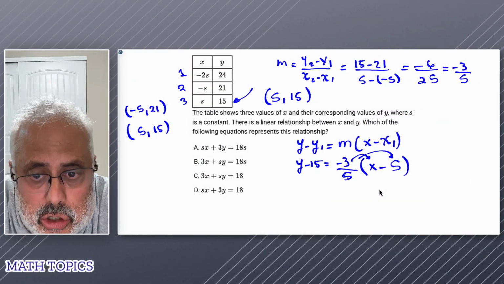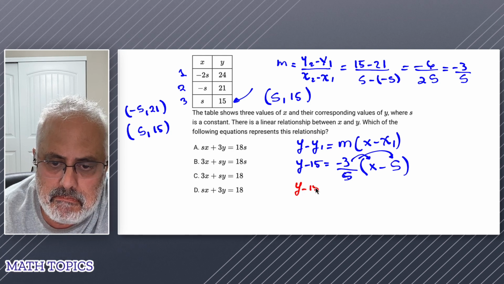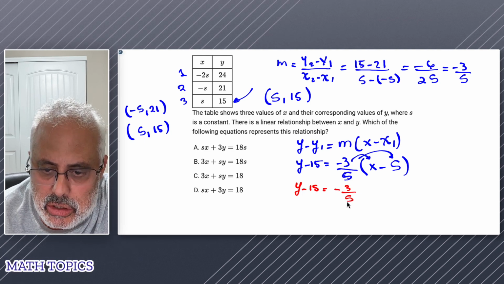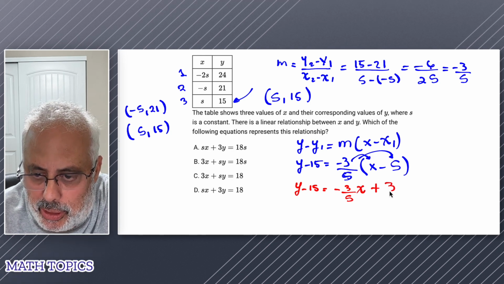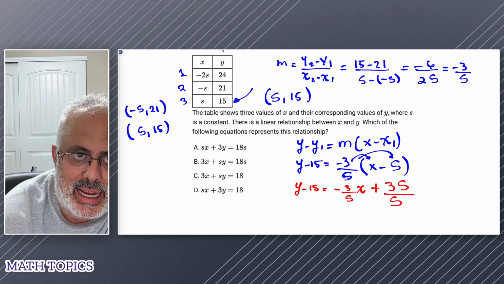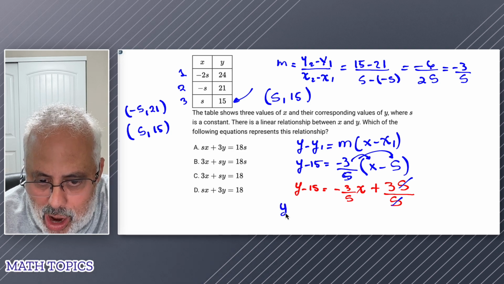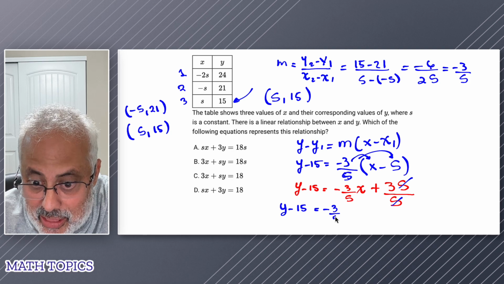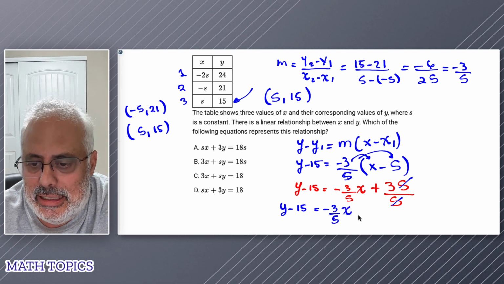Now let's apply the distributive property: y minus 15 equals negative 3 over s times x, and negative times negative is positive 3s over s. You can cancel out the s's, and you have here y minus 15 equals negative 3 over s x plus 3.